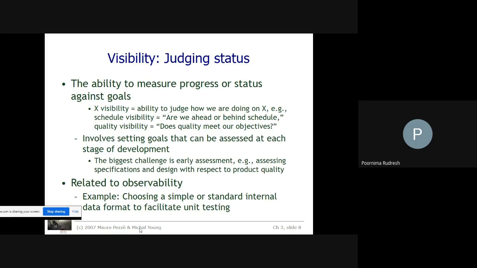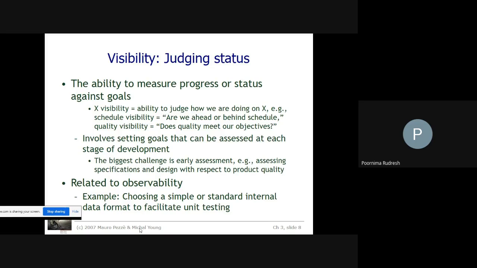So in each stage of software development, be it requirement specification, design, implementation or testing, we are setting the goals. And once each stage is completed, we are comparing the progress with the goals that we have set. If both match, then we say that visibility is there. If not, then we have to reframe it.